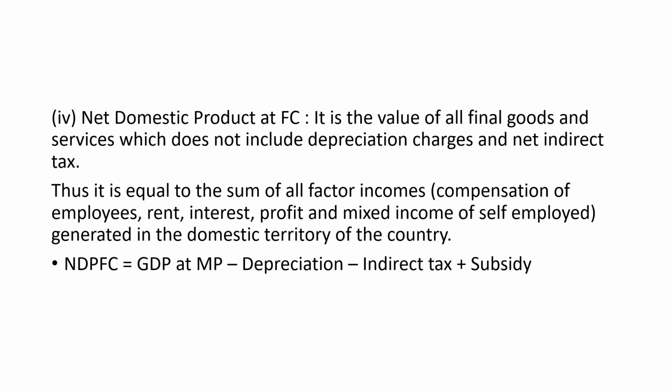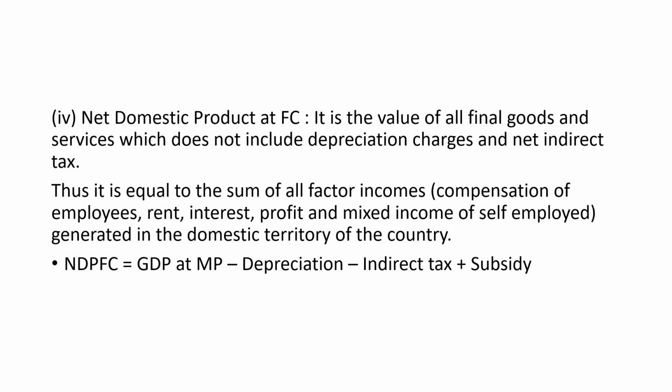Next we have net domestic product at factor cost. It is the value of all the final goods and services which does not include depreciation. Why doesn't it include depreciation? Because we don't have the element gross here. What we have is net. And also, since we are taking into consideration the factor cost, we do not have the element market price.